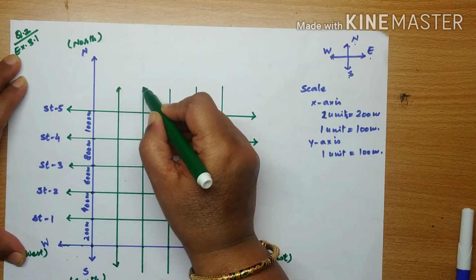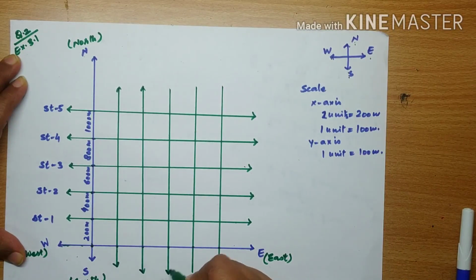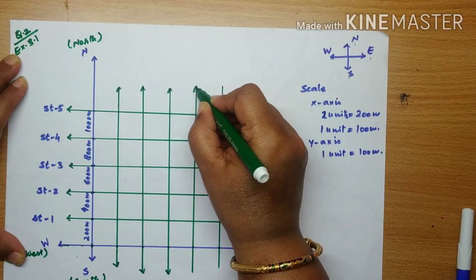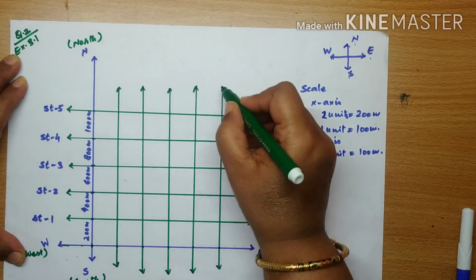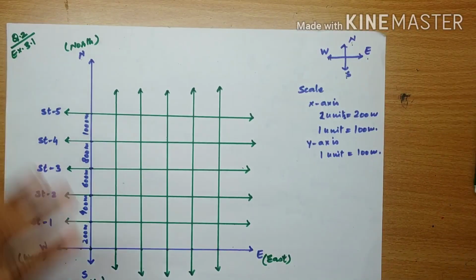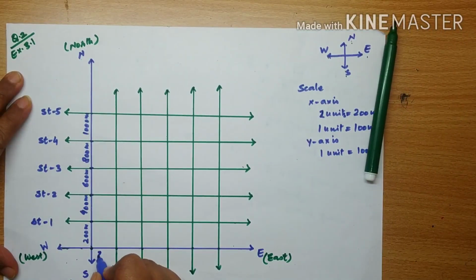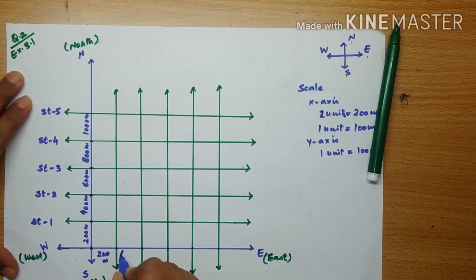So marking the arrows on both the sides. Now writing here the distance again. This is 200 meter, 400 meter, again 600 meter, this is 800 meter, this is 1000 meter. This is street 1 in this direction, this is street 2, street 3, street 4, and this is street 5.